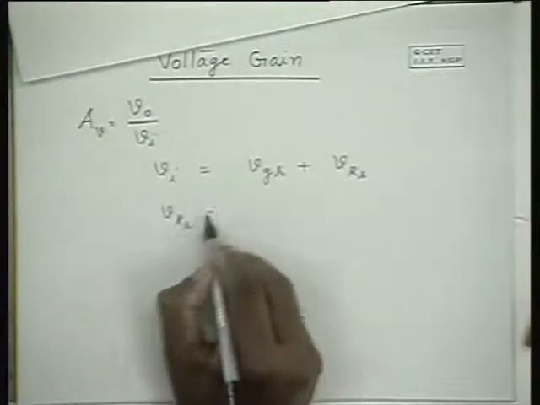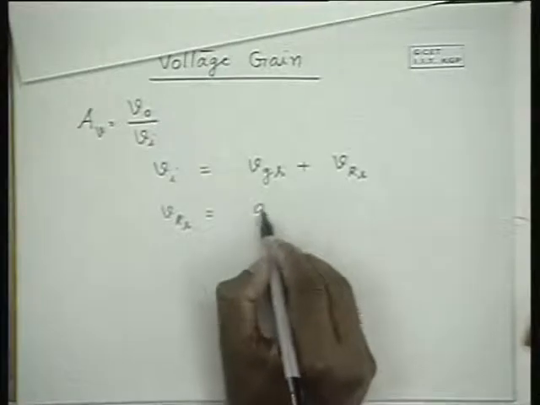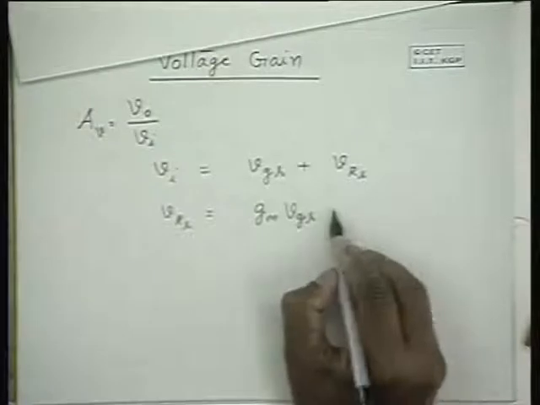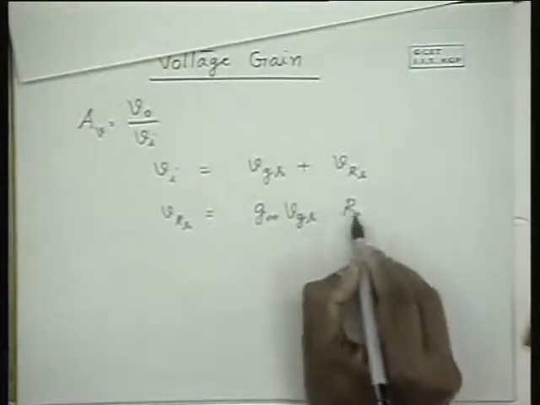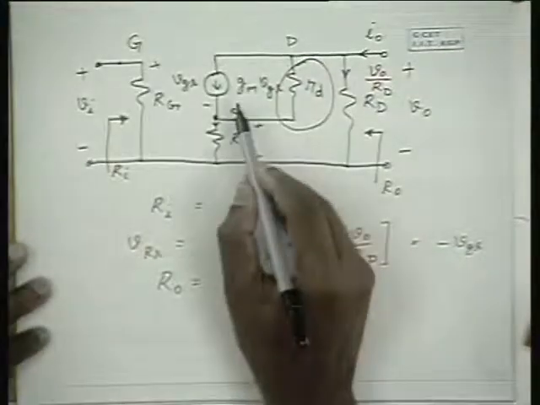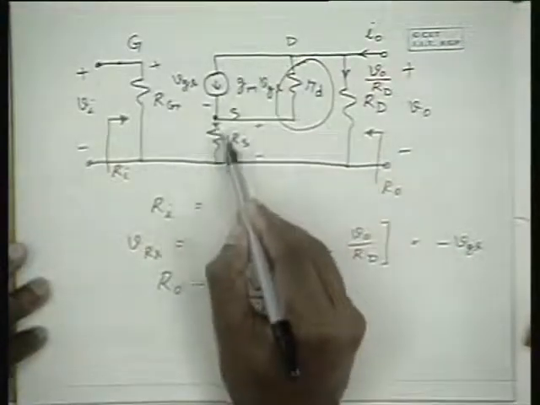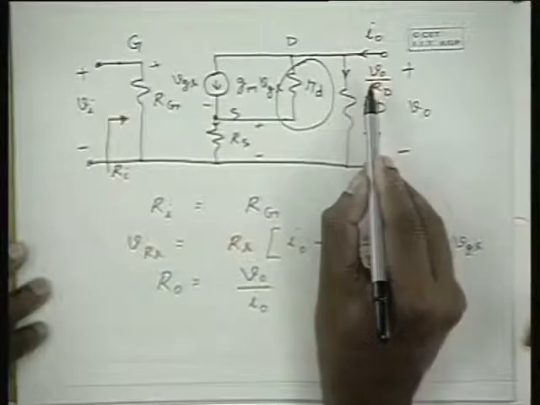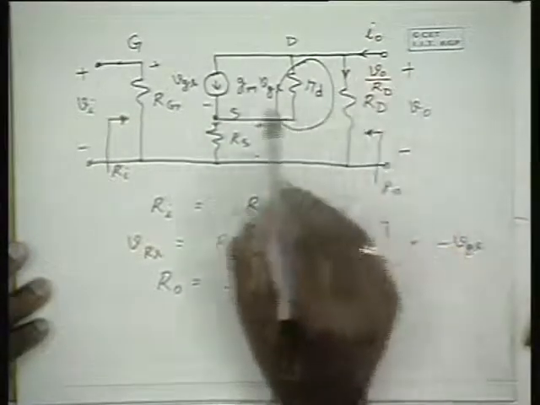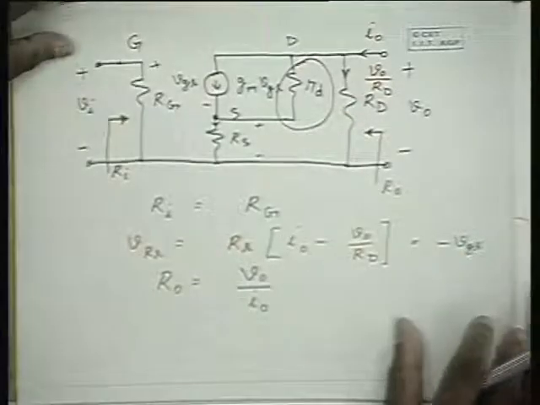The output voltage is, this GM-VGS flows through RD also in this direction, therefore the output voltage is minus GM-VGS into RD.